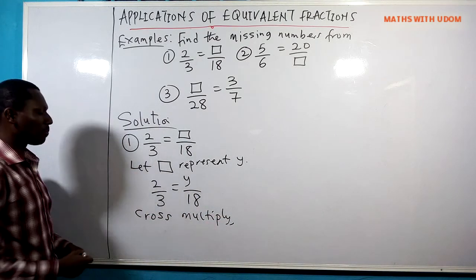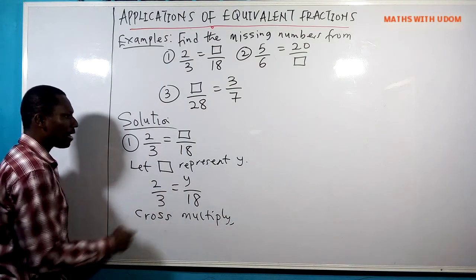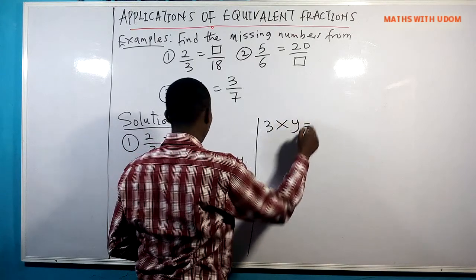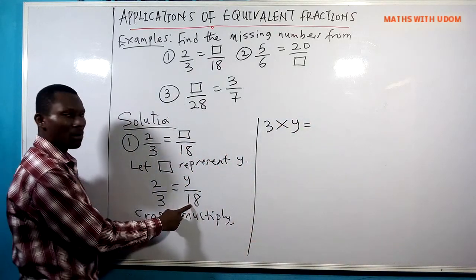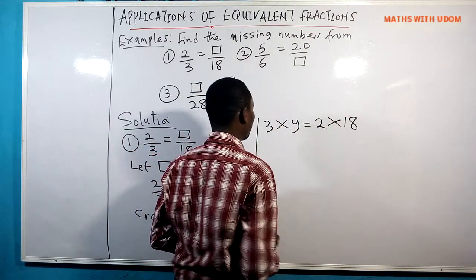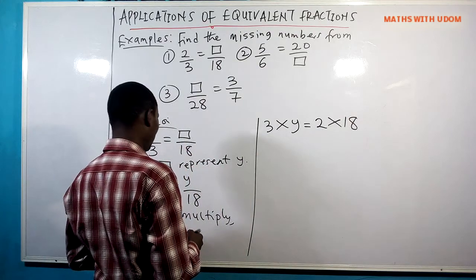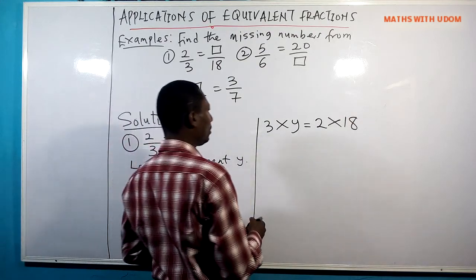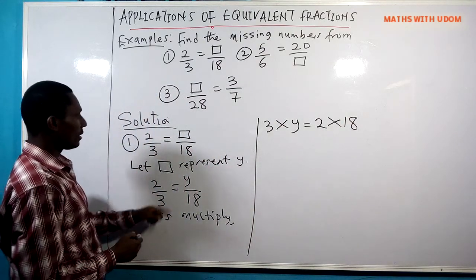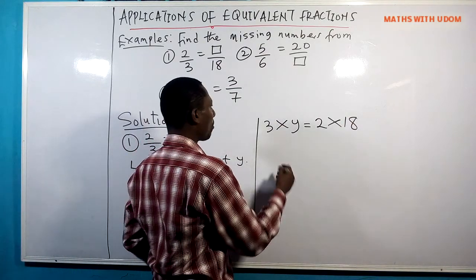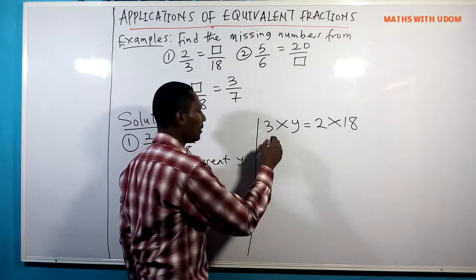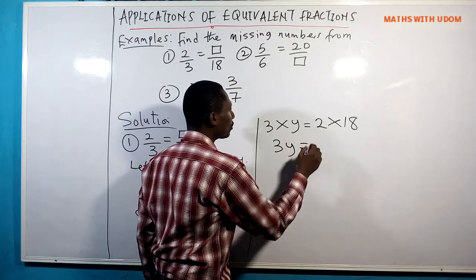When you cross multiply, the 3 down here will multiply Y. So we have 3 multiplied by Y equals 2 multiplied by 18. That is 3Y equals 2 times 18.